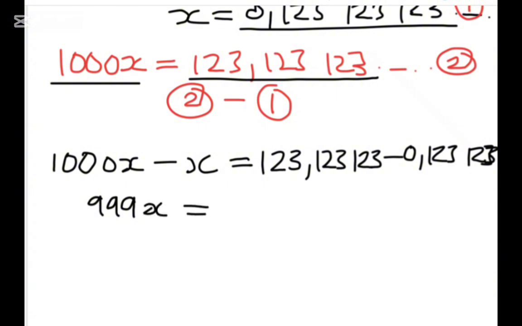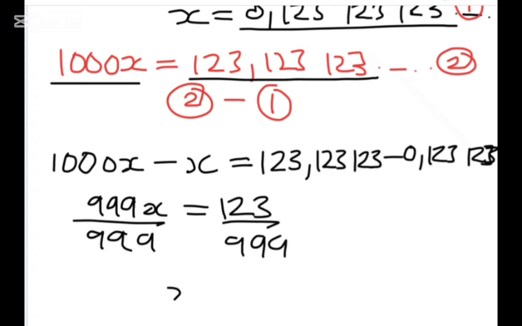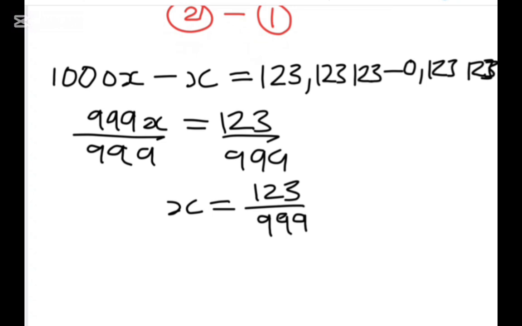If you subtract this on your calculator, you get 123. Then divide both sides by 999, and the value of x is equal to 123 over 999. So this is how to convert recurring decimals into fractions.